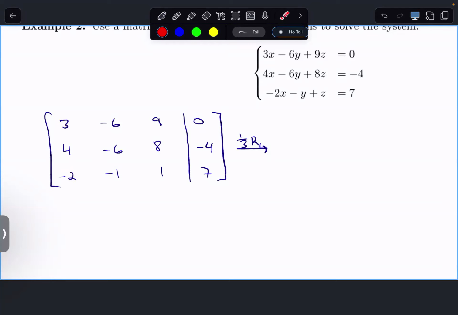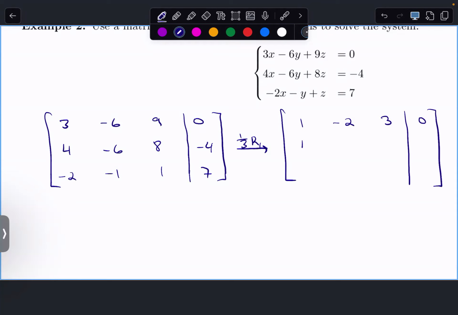But when we're first starting out, it's nice to have a nice starting point. And so dividing each term by 3 in row 1, I get 1, -2, 3, 0 divided by 3 is 0 still. The other 2 are unchanged, so just don't lose any negatives or positives, and you'll be good to go.